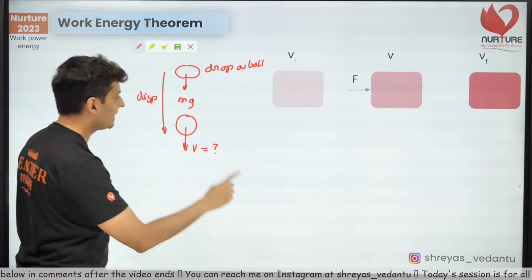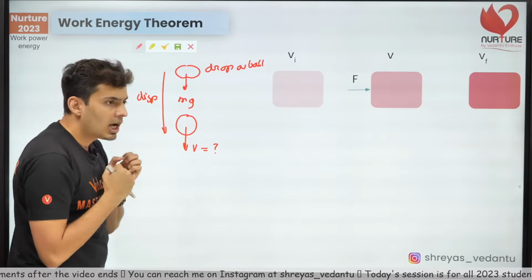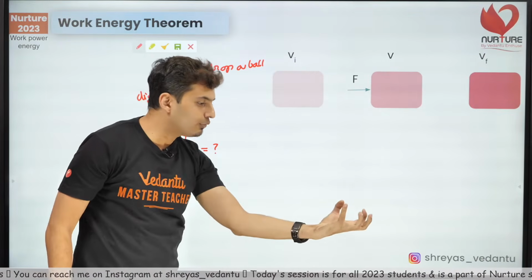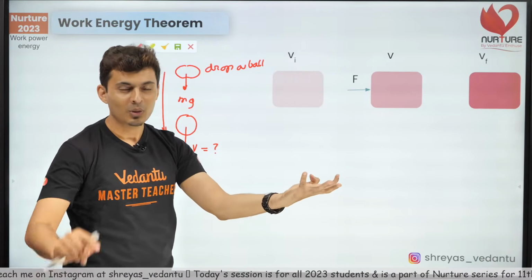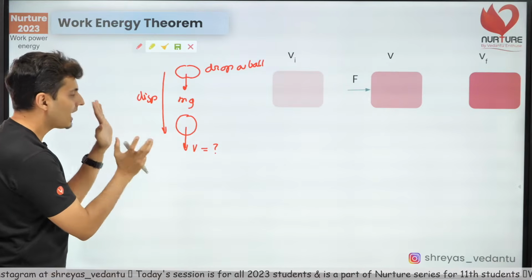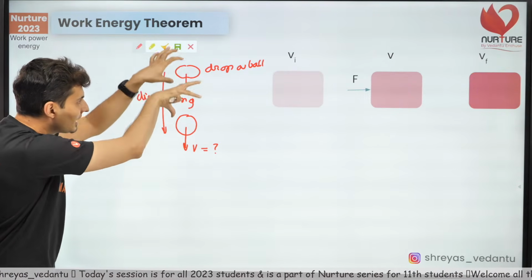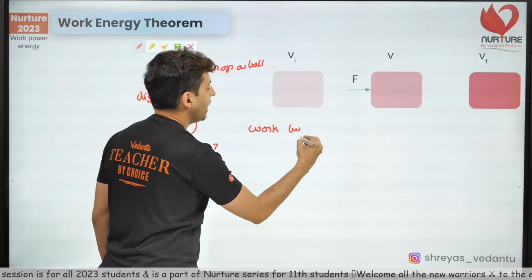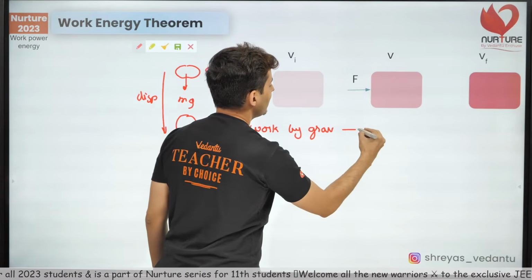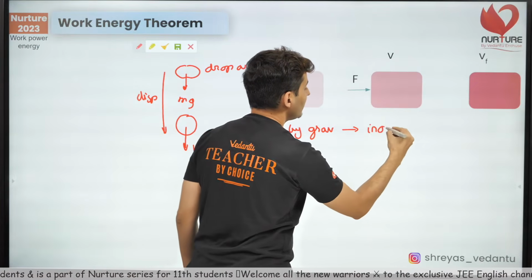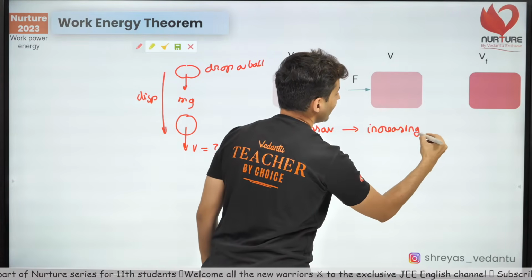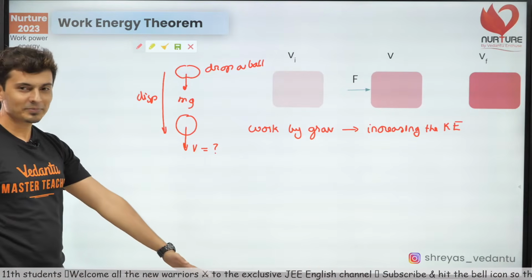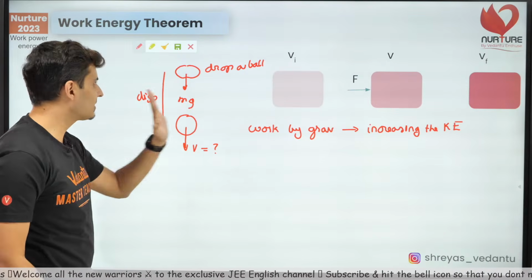Gravity has transferred its energy to the ball in the form of kinetic energy. So the work by gravity has gone into increasing or providing the kinetic energy to the ball. As simple as that. And see this beautiful process of transferring work.